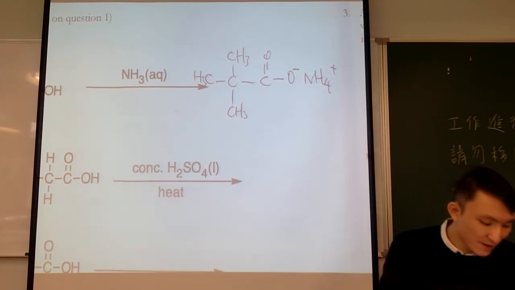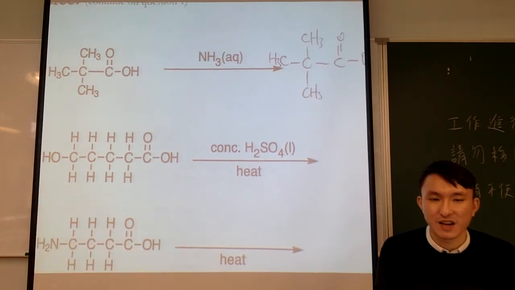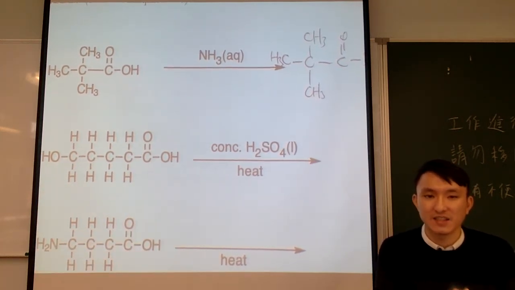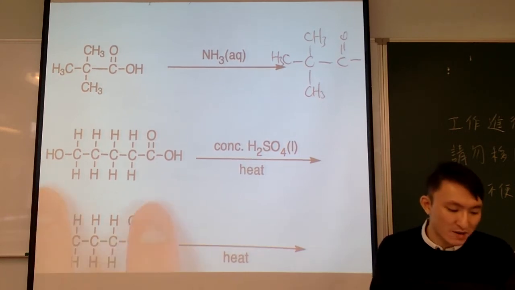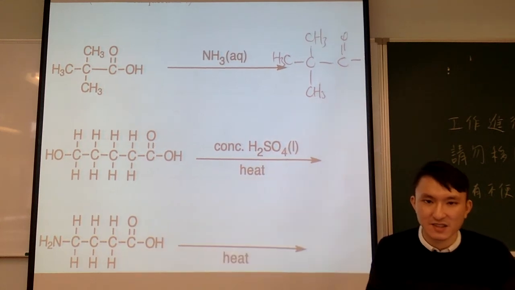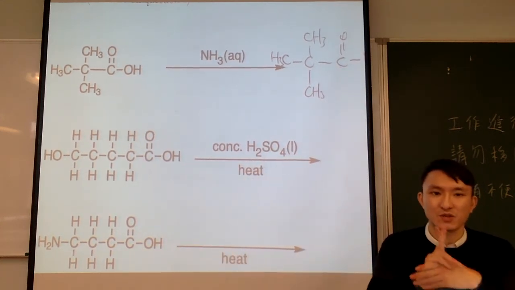Okay, this one is also a very tricky question, but this is commonly asked in the DS exam. Now you see we have one organic reactant and we have concentrated acid heat. When you see concentrated acid and heat, we will be thinking about two things.